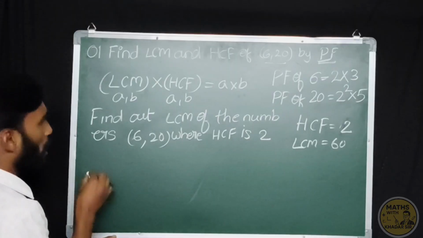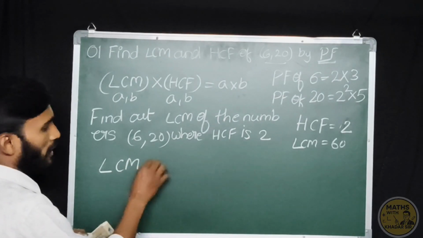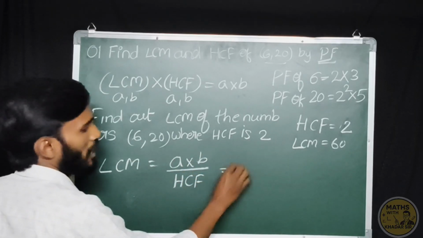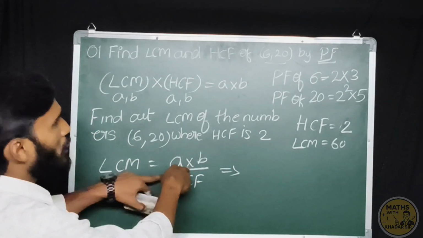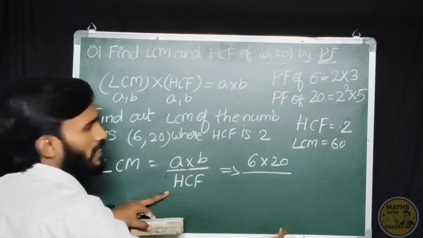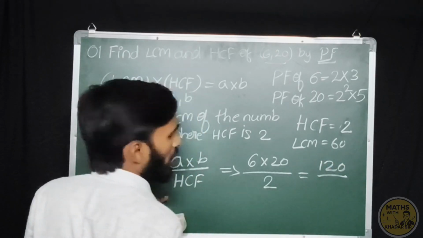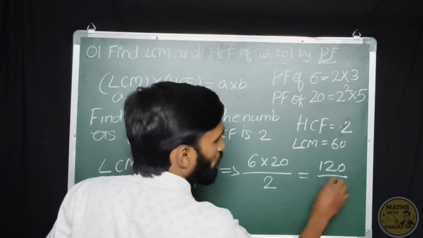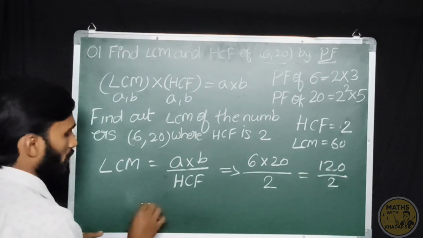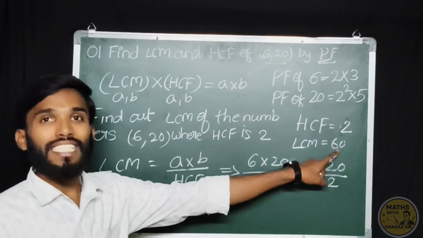Now see what happened. They gave the HCF, so we have to find the LCM, which is equal to a into b by HCF. Here a into b is 6 into 20, and the HCF is 2. Now 6 into 20 is 120, and by 2. How many times 2 in 120? 60 times. The LCM is 60.